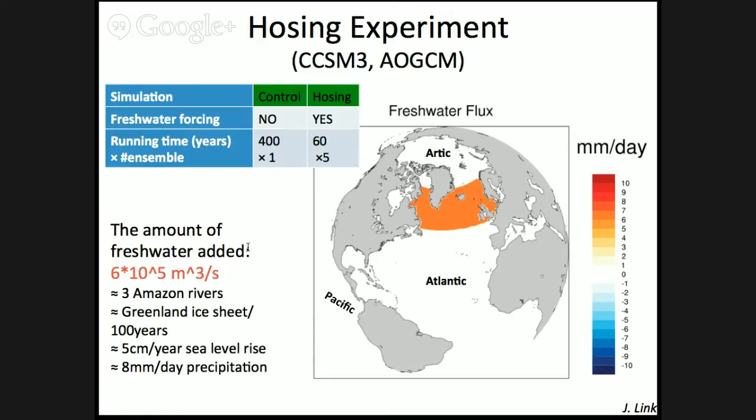You see, this is the St. Lawrence River, and the North Atlantic currents flow here and bring the fresh water into this region. The amount of fresh water added into the model is around 0.6 Sverdrup, and they do two experiments. One is control, another is hosing.